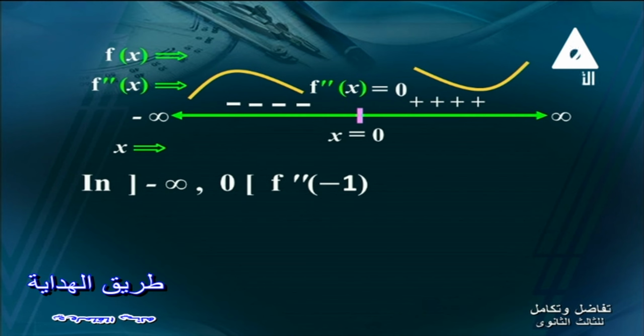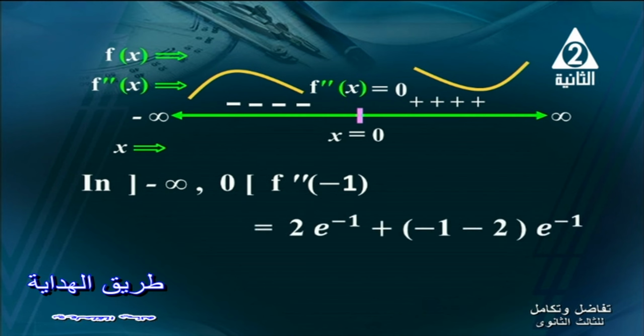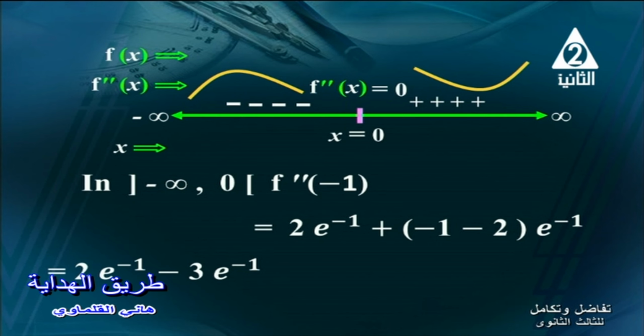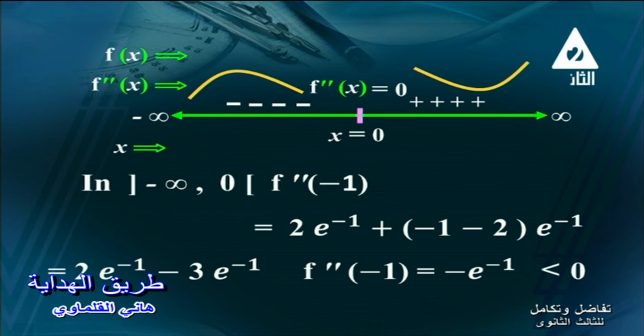The value of f double dash negative 1 equals e power negative 1 plus (negative 1 minus 2) multiplied by e power negative 1, which equals e power negative 1 minus 3 e power negative 1, which equals negative e to the power negative 1, or negative 1 over e.